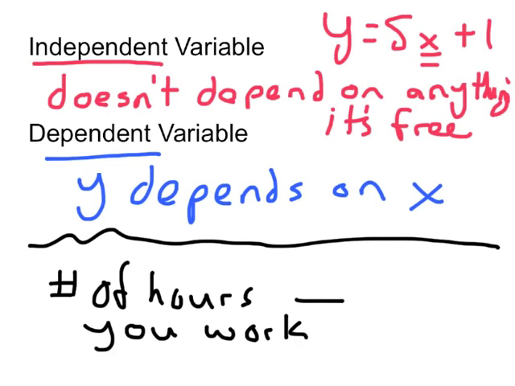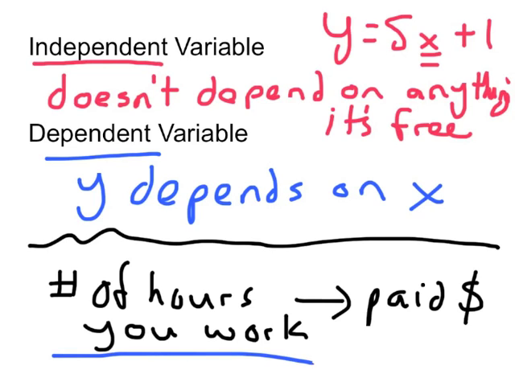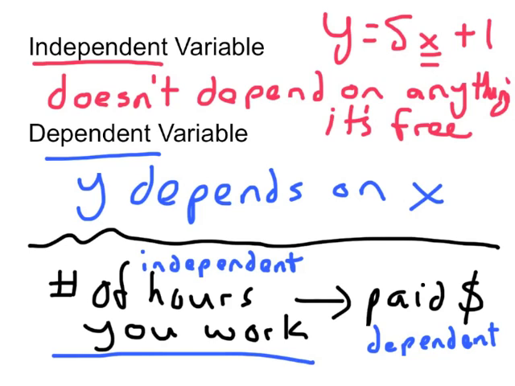And then you can get paid. The number of hours you work is the independent variable. The amount of money you get paid is the dependent variable. First you work your hours, then you get paid depending on the number of hours you work. That's the difference between the independent variable and dependent variable.